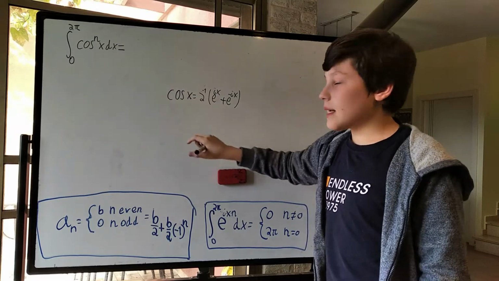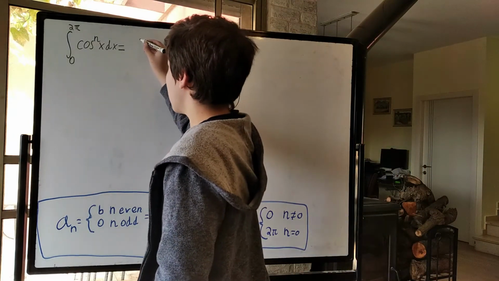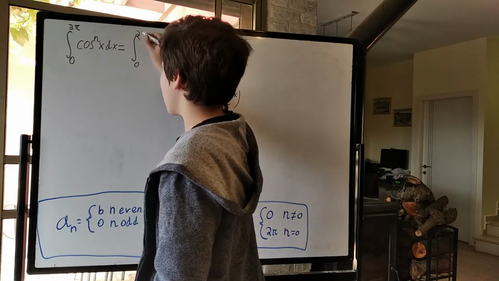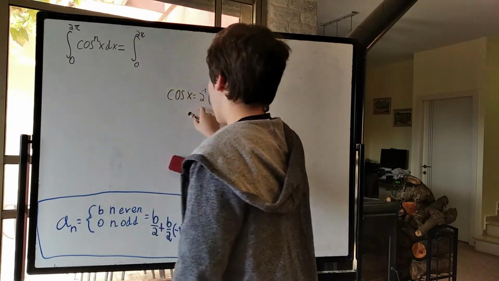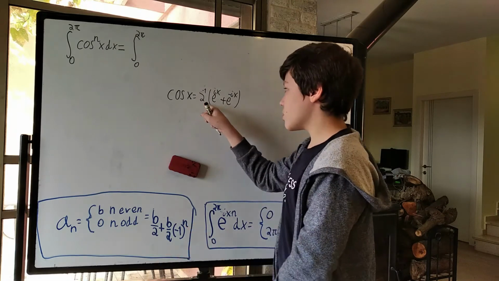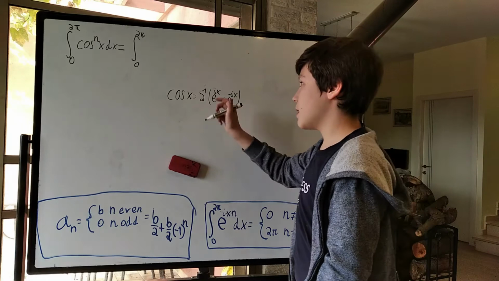So we're going to plug this in here and see what we get. The integral from 0 to 2 pi of, now we can break this apart into 2 to the negative 1 to the n times this to the n.